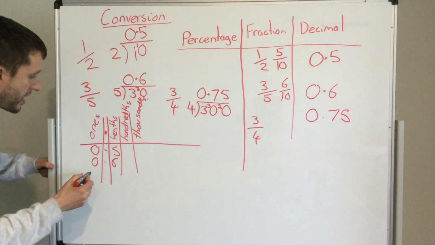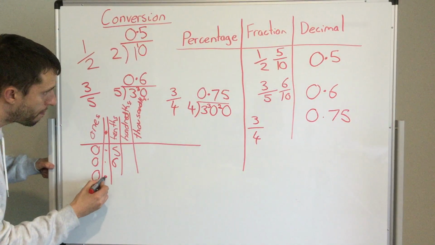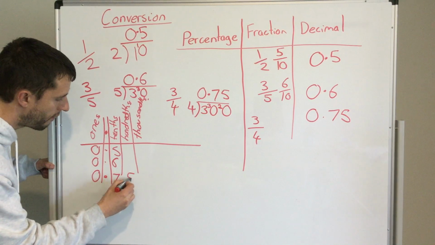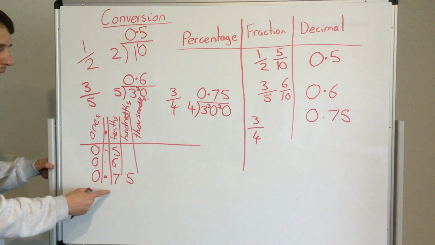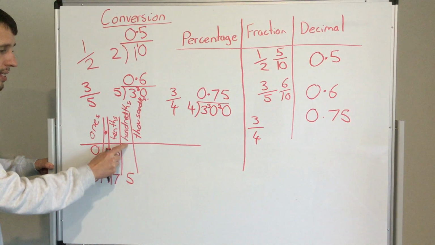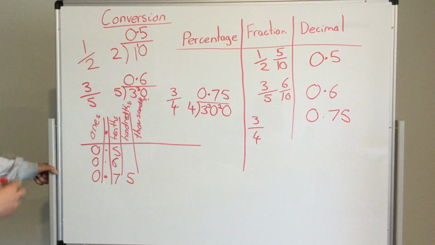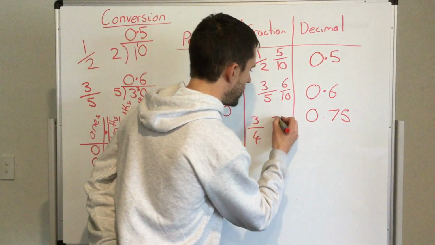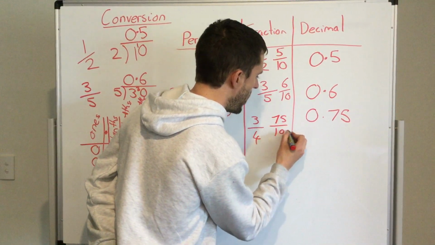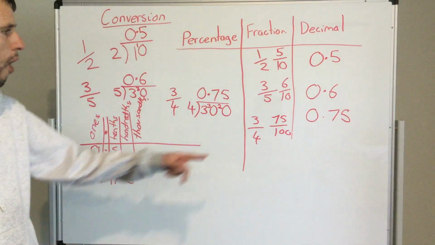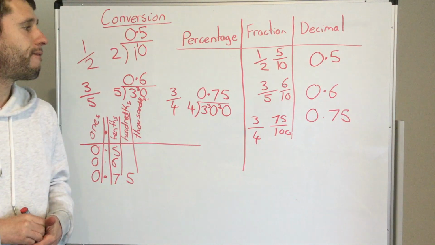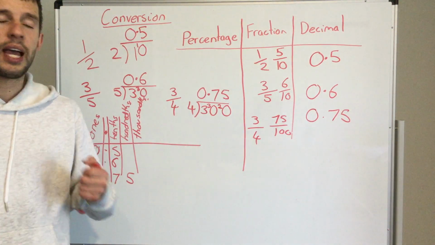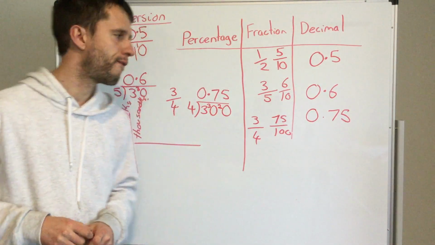If I write that in my place value, 0.75. Where does the decimal end? What column? It ends in the hundredths column. So I can write it as 75 over 100. Wow! Now I can see that 75 over 100 is actually the same as 3 over 4.